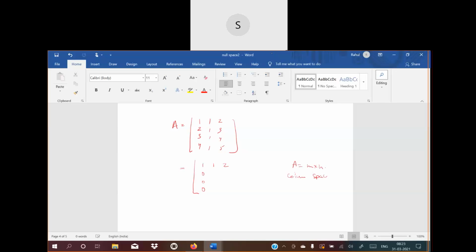Is it 1 0 1, 0 1 1, 0 0 0, and 0 0 0? Are you reading columns or rows? Ma'am, rows. Row 1 is 1 0 1, row 2 is 0 1 1, then 0 0 0 and 0 0 0.